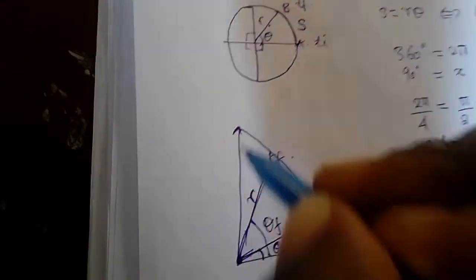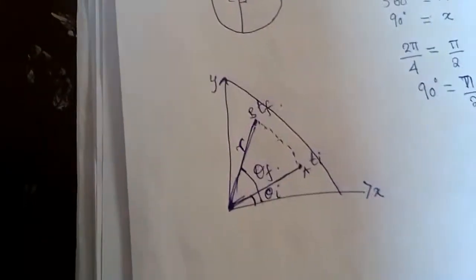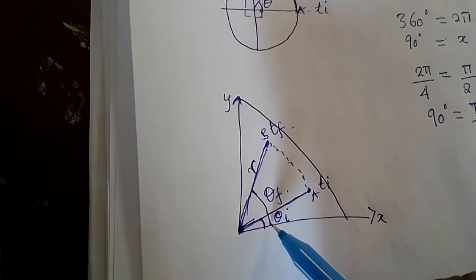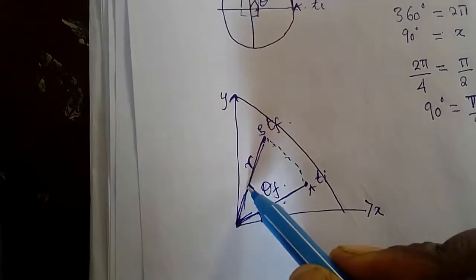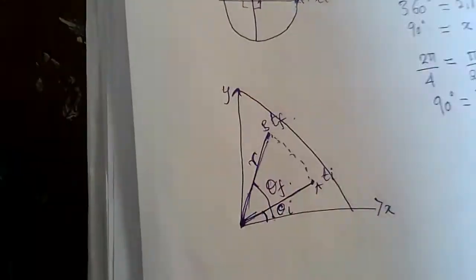So this is of course the x-axis, and this is the y-axis. So when this body moves from theta initial to theta final, it has covered this much.